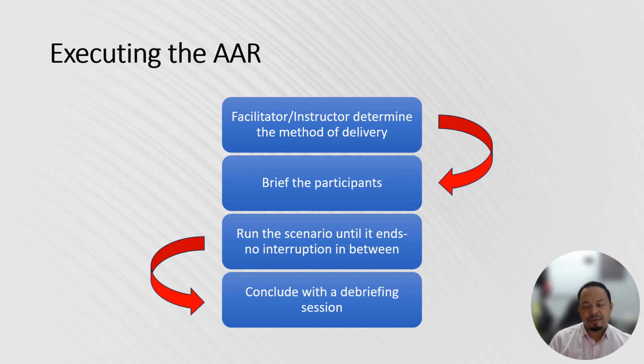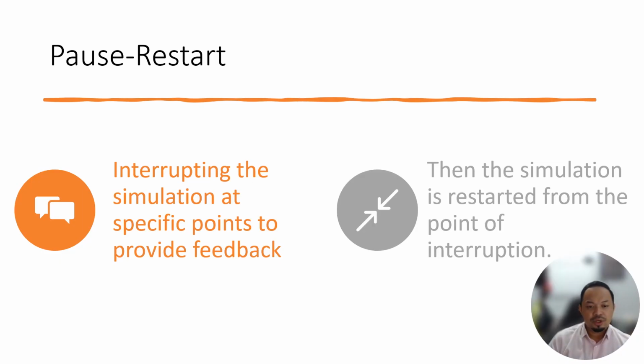So you brief the participants that they're going to have a debriefing session at the end of the session. You run the scenario until it ends, no interruption in between, and towards the end you conclude with a debriefing session. So this is after action review or continuous to end. I hope you understand.